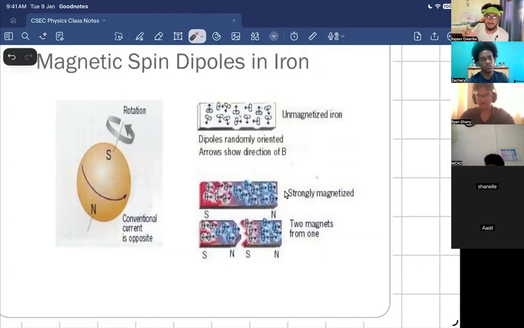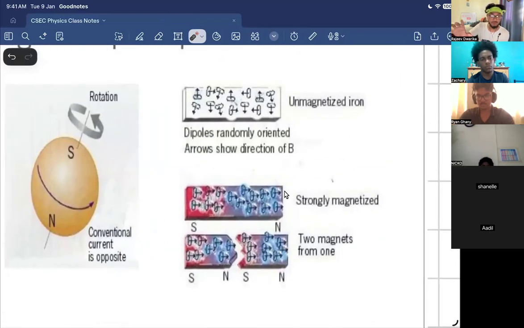Because remember Ryan, if you're trying to pull a car and everybody is pulling the car in different directions, is that smart? Is that effective? No. So if you want to pull a car, everybody should pull in the same direction. Yeah. So for the magnetic field strength to be strong, the magnetic domains should all be aligned. But when you apply heat, it causes them to become randomly oriented, and that kills the magnetism. That's the reasoning behind it.